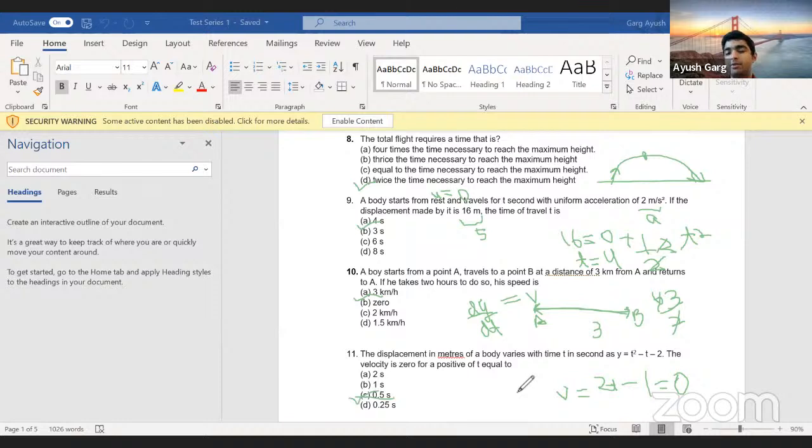So at time t is equal to 0.5, or t is equal to 1/2, your velocity becomes 0. Can you also find out what's the displacement at that time? You can put 0.5 here to find out the displacement.